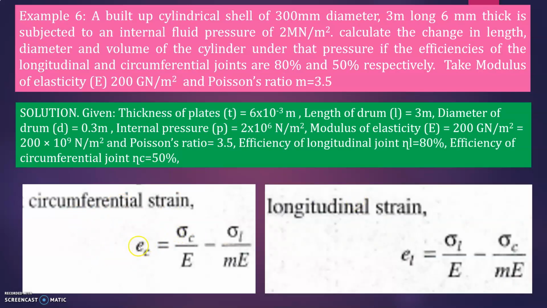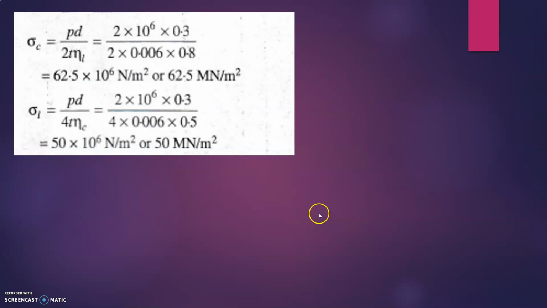Circumferential strain is given by eC is equal to sigma C divided by E minus 1 by m into sigma L divided by E. Similarly, for longitudinal strain, eL is equal to sigma L divided by E minus sigma C divided by m into E. Now to calculate these strains, first we have to calculate the circumferential stress and the longitudinal stress.